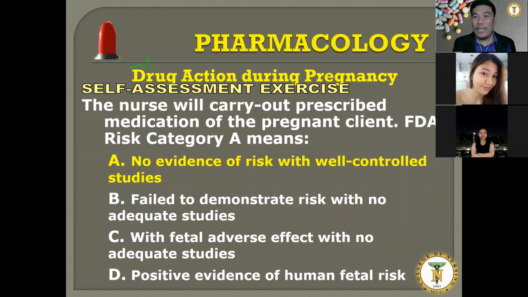That is category C. Now, if already suspecting of fetal adverse effect, but if suspecting na yung letter D, it's already a positive evidence of risk. So that is category D. And the one that has been identified that confirms that the drug may lead to birth defects, that is category what? Category X po ba? Correct. Thank you, Ms. Manguera. That's category X.